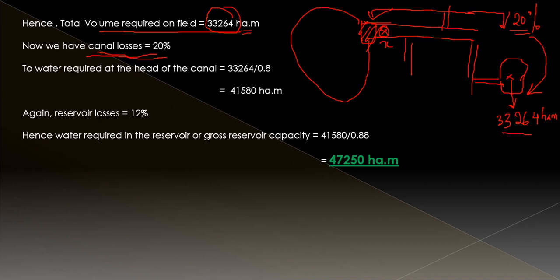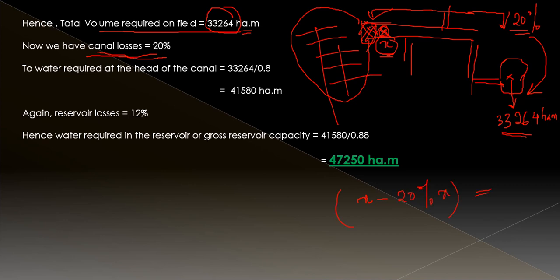How can we obtain this value? Okay, we need to find out how much water is first. Finally we have to find out the reservoir capacity, that is water that should be present here. But when we supply water from here, there is a loss of 20%. That means x minus 20% of x, that is equal to 33264.